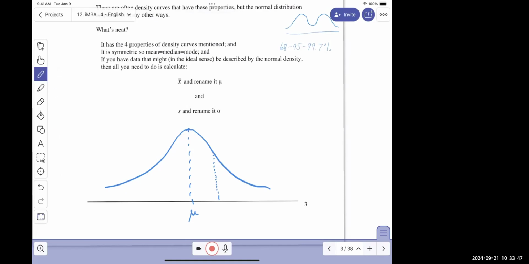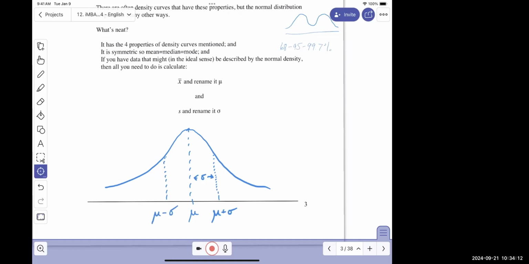You guys have contacts, you know what that means. You need to put your contact on this way. If it flips like this, you don't put that on, you flip it over. But okay, this is 1 standard deviation. This distance is 1 standard deviation distance. And that marks there too.